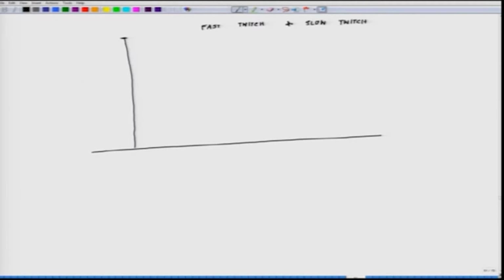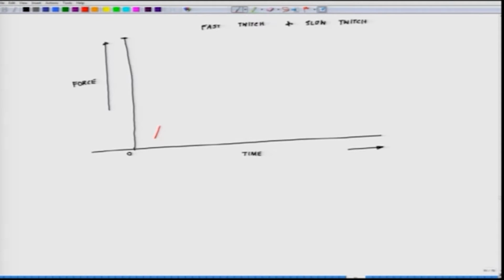Your y axis is telling you the force, and your x axis is telling you the time, which is moving like this. Here you have the origin and here you have the increasing forces. Now, when it is a fast twitch fiber, I am putting red for the fast twitch fiber.